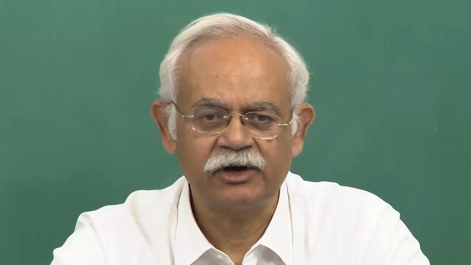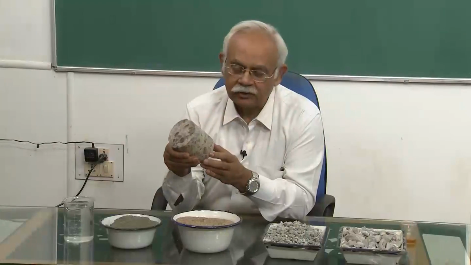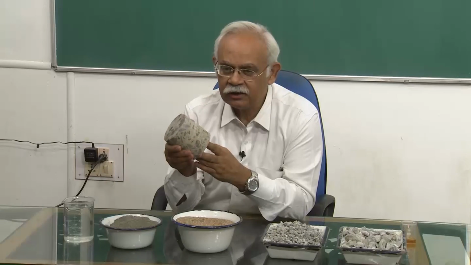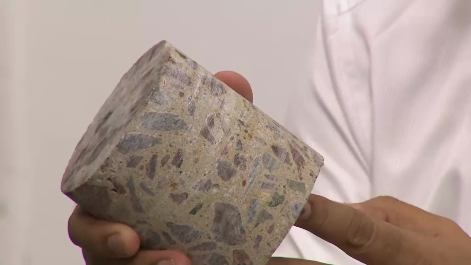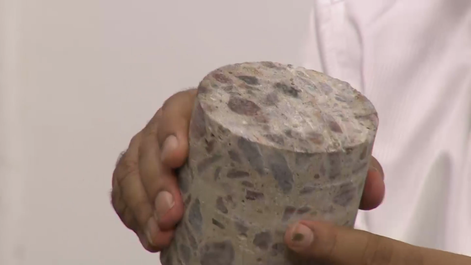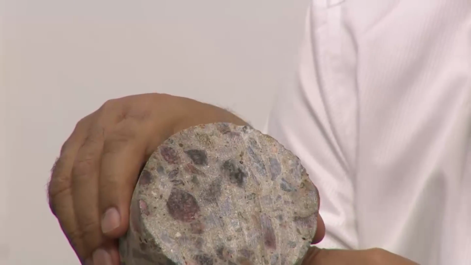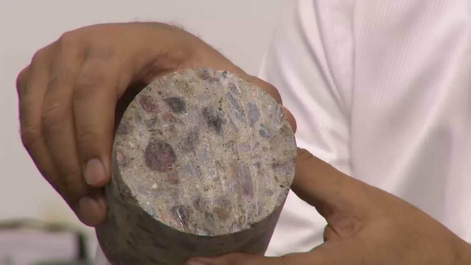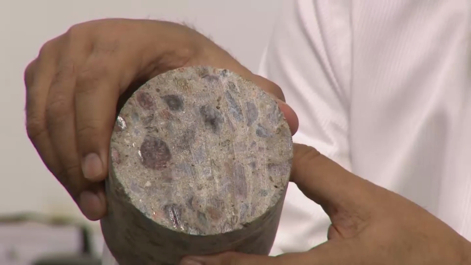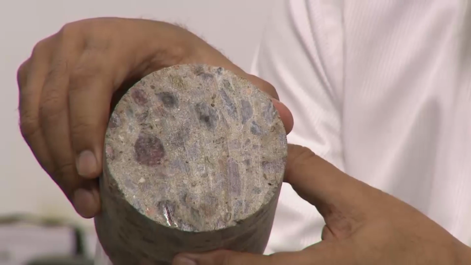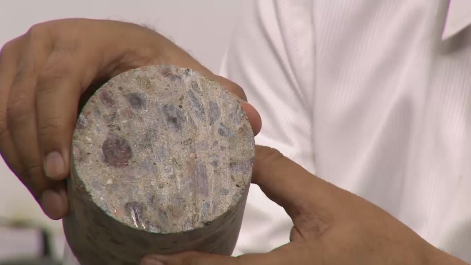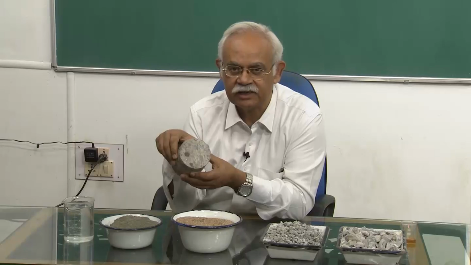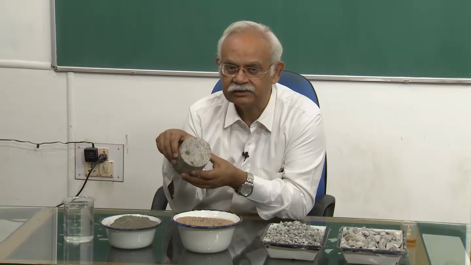So now let us take a look at the basic constituents. This is from a core taken from a concrete structure. You can see that here we have coarse aggregates and mortar. Of course we cannot see sand particles, so it looks as if only coarse aggregates are suspended in mortar, but the same discussion can be extended to all kinds of aggregates suspended in paste.